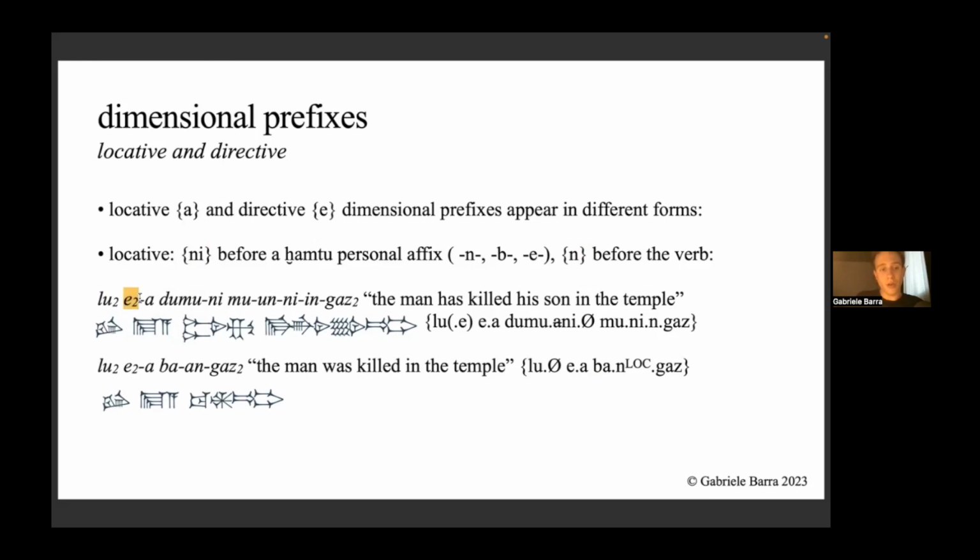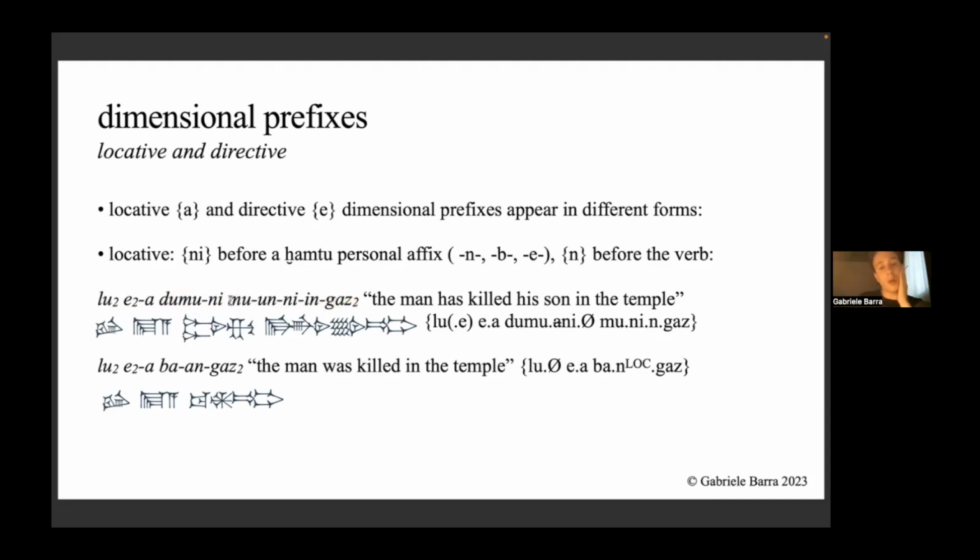And then we have e2, which means temple, and a, which is the locative. So we know they use the locative in the sentence. Maybe there's a chance it's going to get passed over into the verb as a dimensional prefix. Dumu ni, his son. And then we have a long verb. So far we have the man in the temple, his son. And then the verb here is gats, to kill.